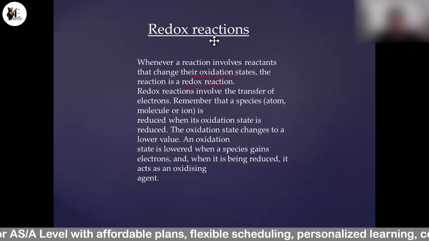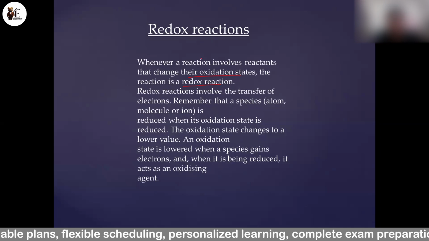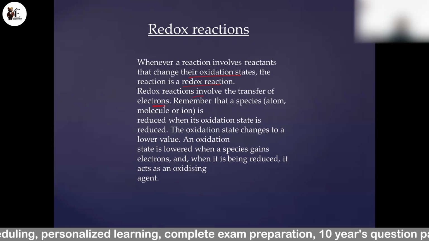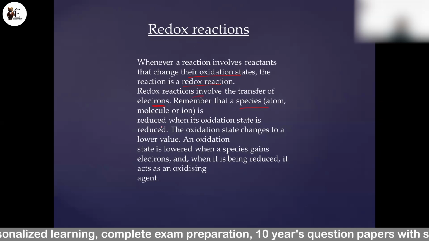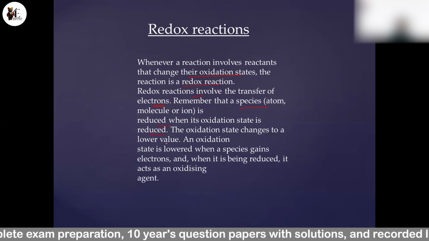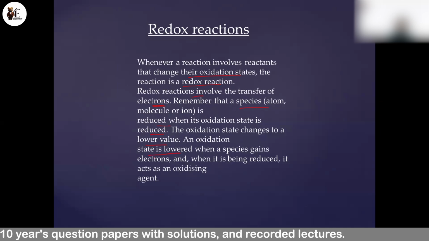In oxidation the oxidation number increases, and in reduction the oxidation number decreases. Redox reactions involve the transfer of electrons. A species is reduced when its oxidation state changes to a lower value, that is, when it gains electrons. That means it is being reduced, so it acts as an oxidizing agent.